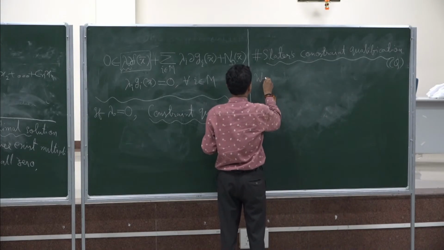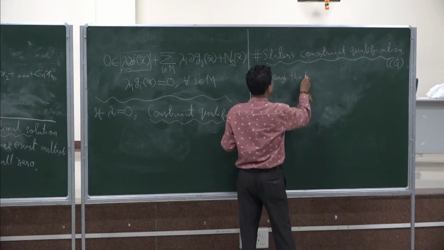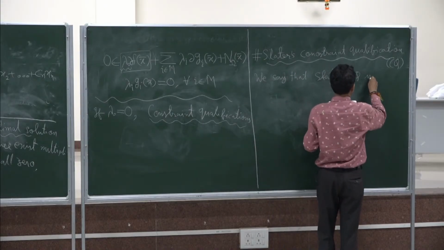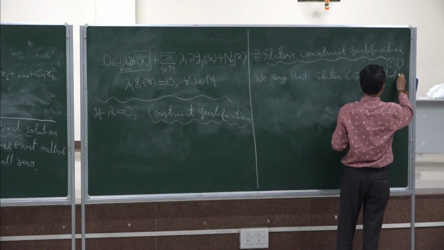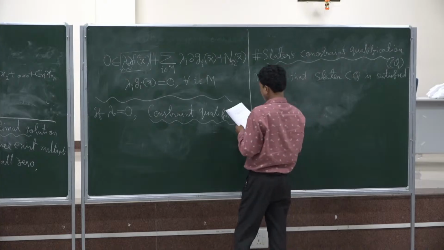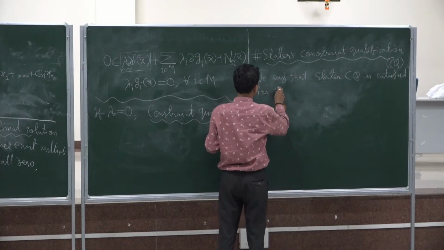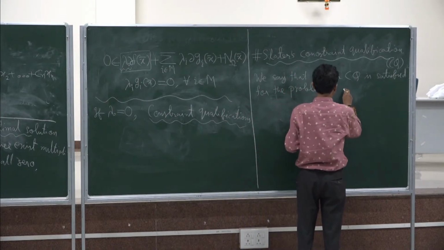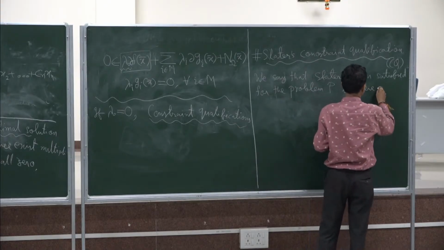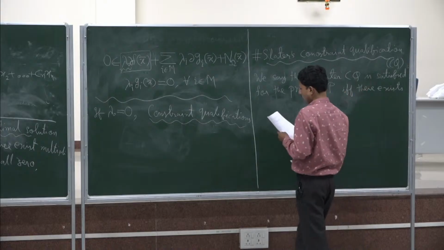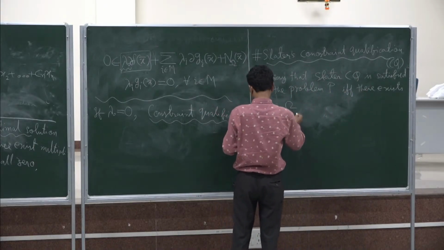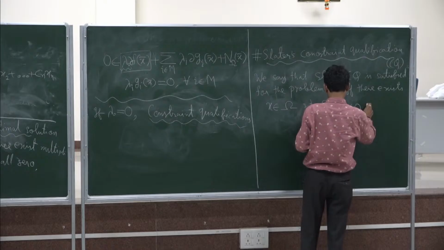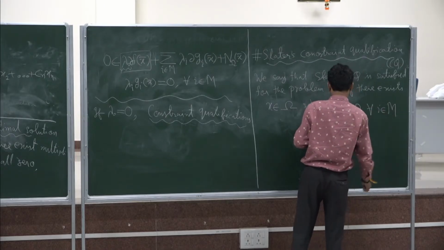So, we say that the Slater constant qualification is satisfied for the problem P if and only if there exists some x in omega such that gi of x is strictly less than 0 for every i in M, right.